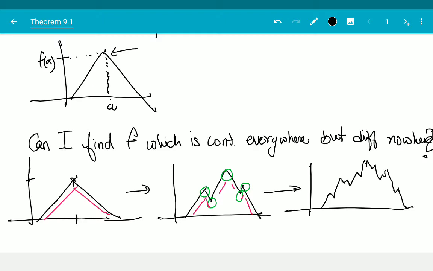Again, by doing this, I am preserving the continuity. The function is still continuous everywhere, right? But now I'm adding more and more points where the function is not differentiable. And so if I repeat this process infinitely many times, I am going to get a function which is continuous everywhere and differentiable nowhere. Okay?